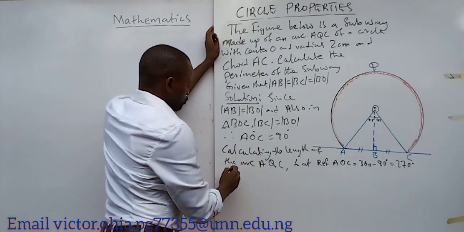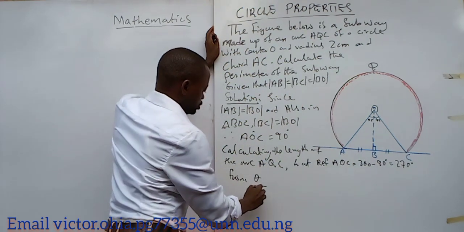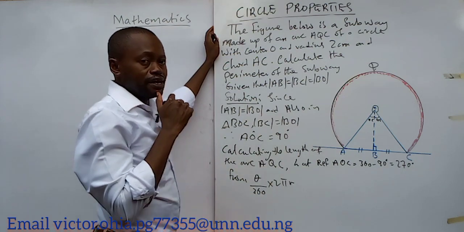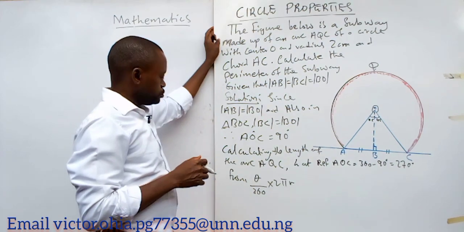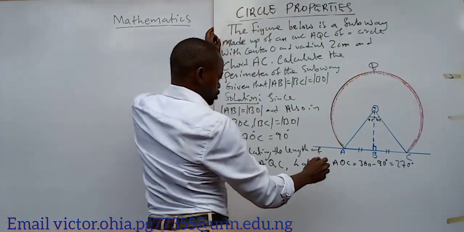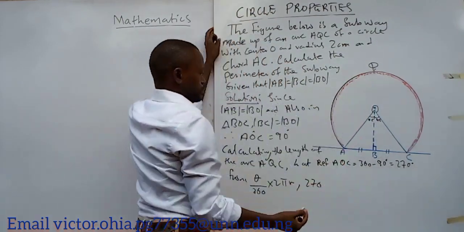Now the formula theta over 360 times 2 pi r is used in calculating the length of an arc. So theta here will be 270 degrees because we are calculating the major arc.